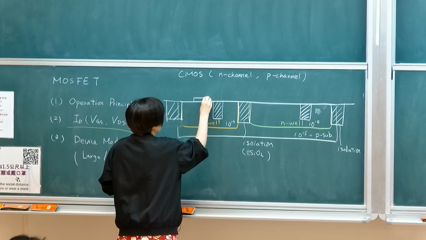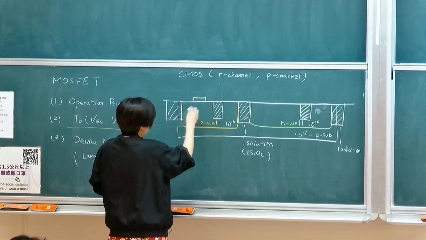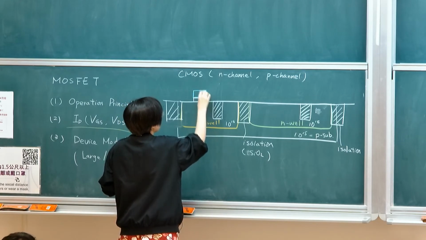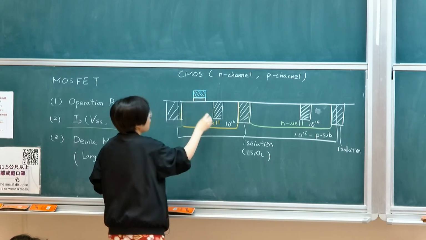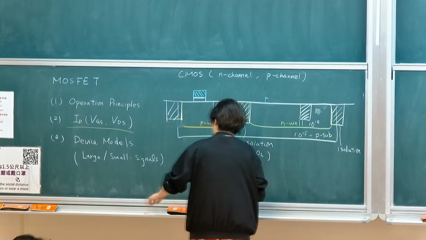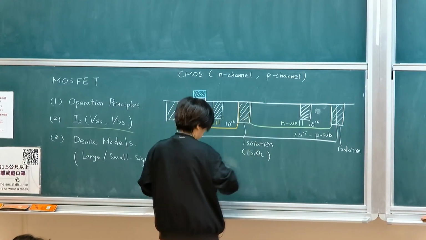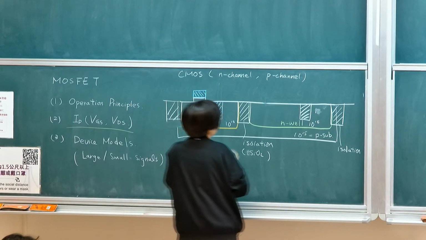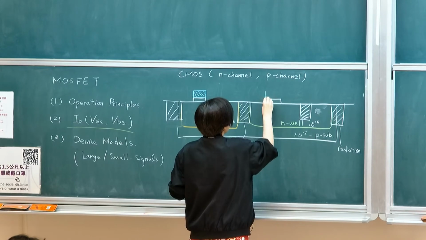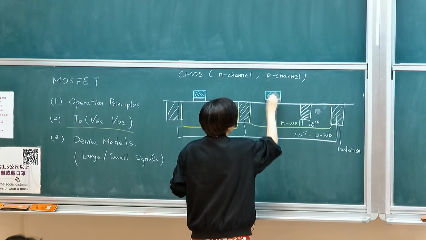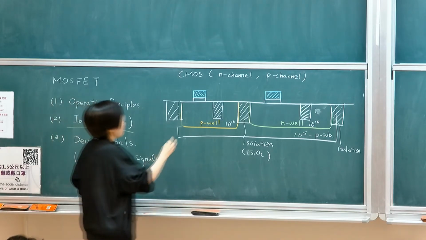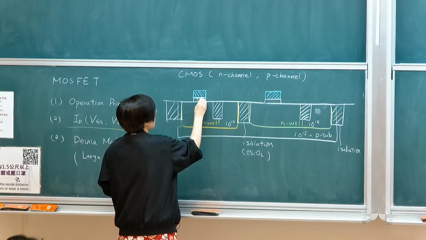So there's another oxide here, and then there's a metal gate. So this is the metal gate. For PMOS, you also have an oxide, and then we'll have a metal gate. Okay, so these are still oxides. I'm just going to use SiO2.